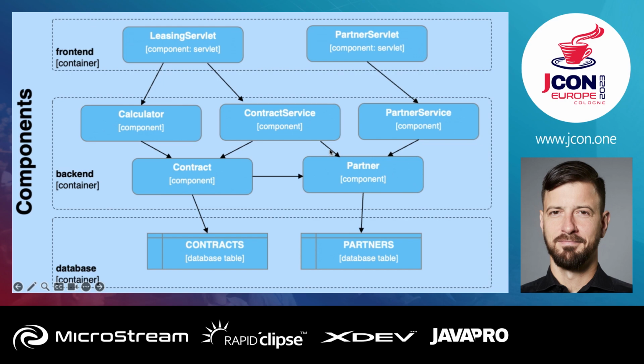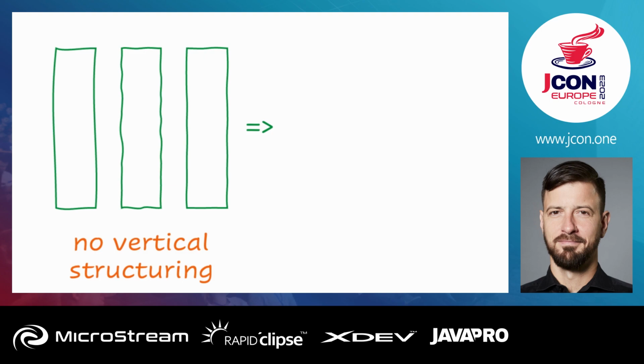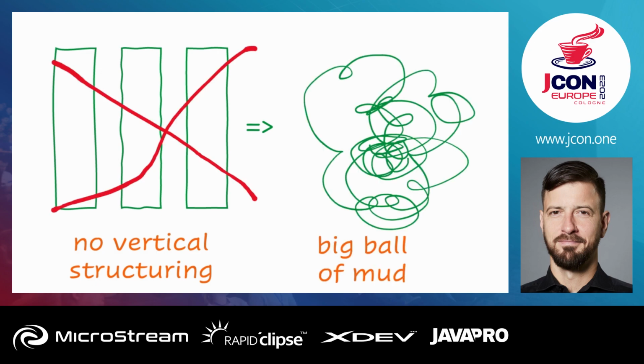But what we do not see here is vertical structuring. We see horizontal structuring, layers, but we don't see vertical structuring, modules or bounded contexts. So what we have here is what's called a big ball of mud, no vertical structure. And that's problematic for a big software system because it leads directly to these Max and Morris problems, for example.